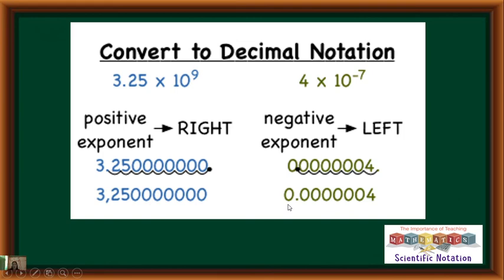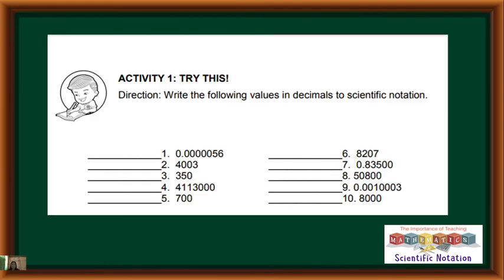Next, in your activity sheets, we have 3 activities to be answered. In your first activity, you are going to write the following values from decimal to scientific notation. All of these, numbers 1 to 10, should be written in scientific notation.